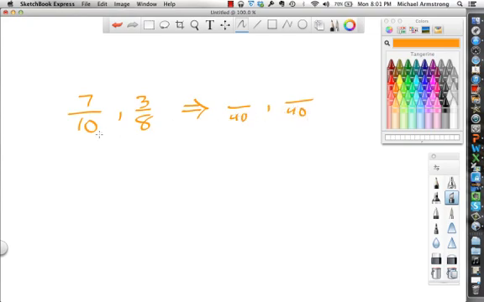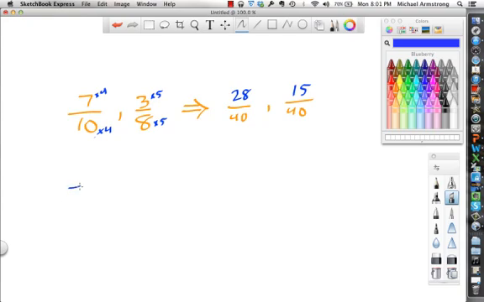And you know that 10 times 4 is 40. Let me do that in a different color just so that we can maybe remember it better. Blue. 10 times 4 is 40, so 7 times 4 is 28, and these are equivalent. 8 times 5 is 40, so 3 times 5 is 15.